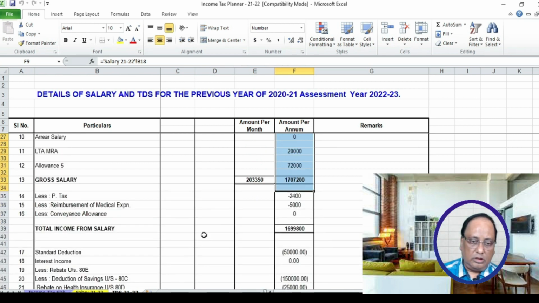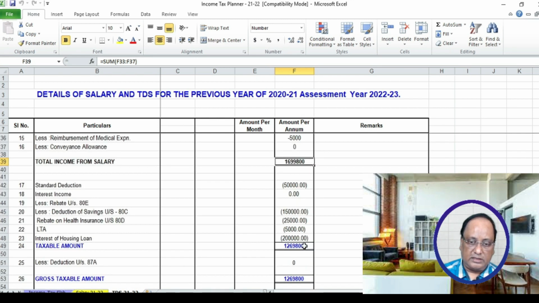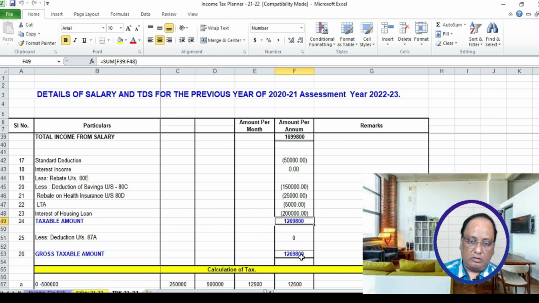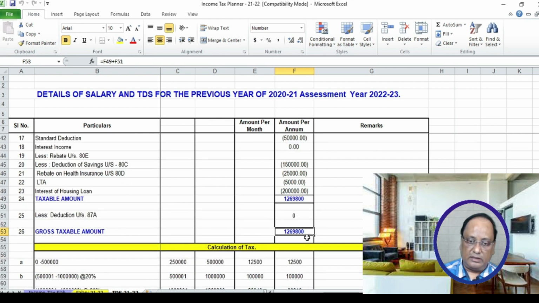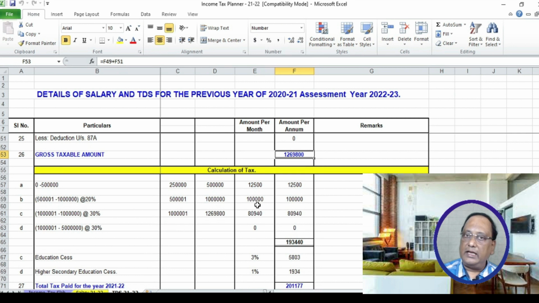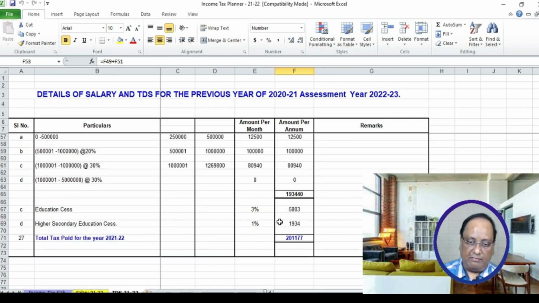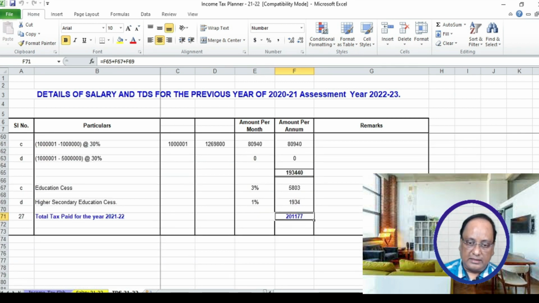So you see again, your total income is coming, and after getting the deductions and everything, your gross taxable income is coming 12,69,800.